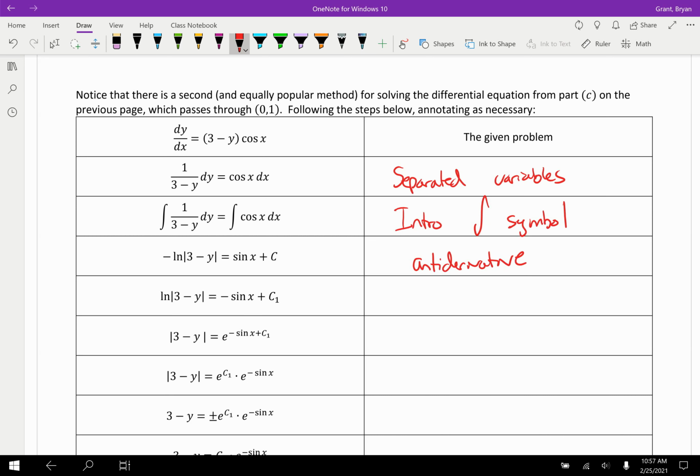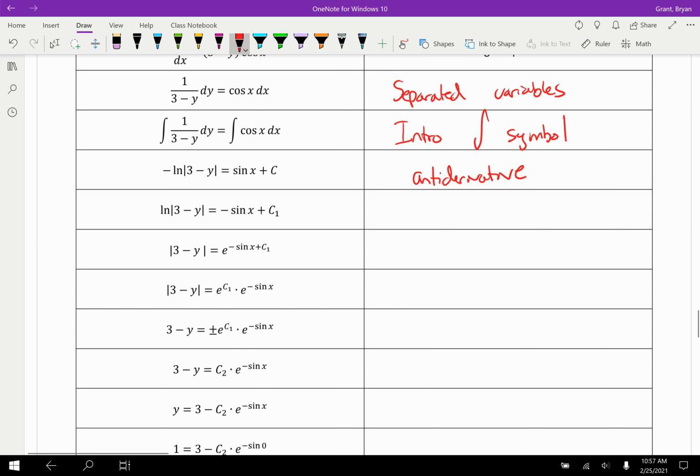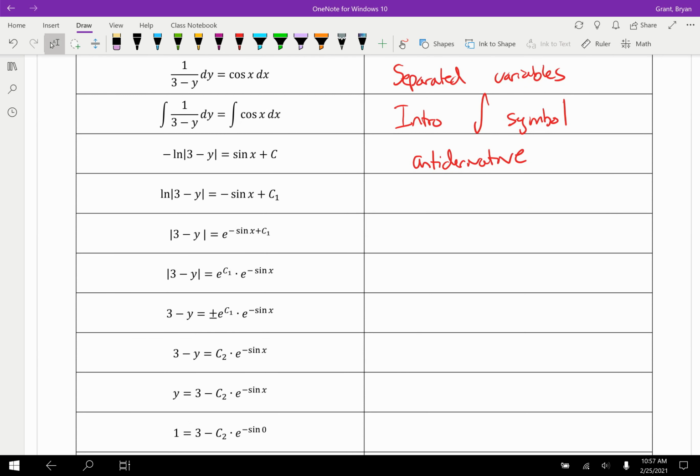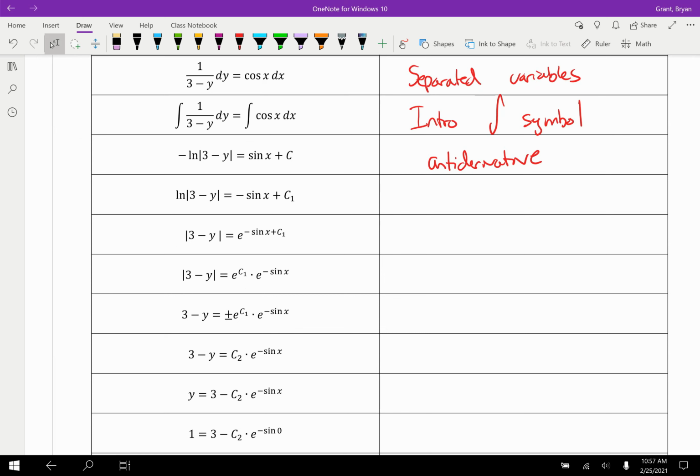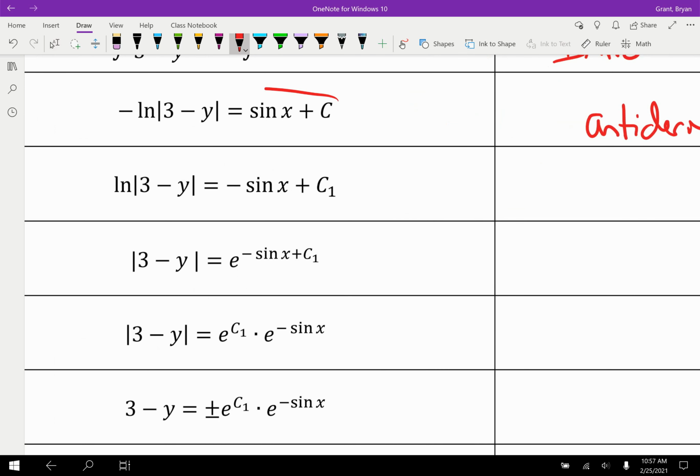Now what? Well, from here, there are a few things you can do. Some people prefer to isolate y before they solve for the constant. And that's okay, you can. I always like to do the constant first, but what we're going to do here is solve for y first.